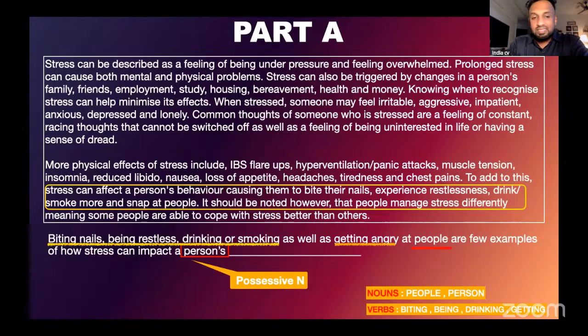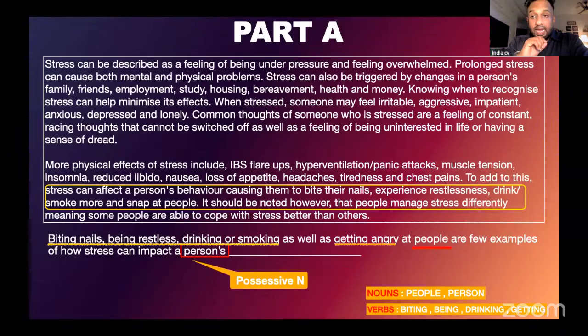Snap at people means getting angry. So see, snap is a synonym for angry. So they can use synonyms as well. You should be careful unless it is a proper noun. So be very careful. It says biting nails, being restless, drinking or smoking, as well as getting angry at people are few examples of how stress can impact a person's dash.